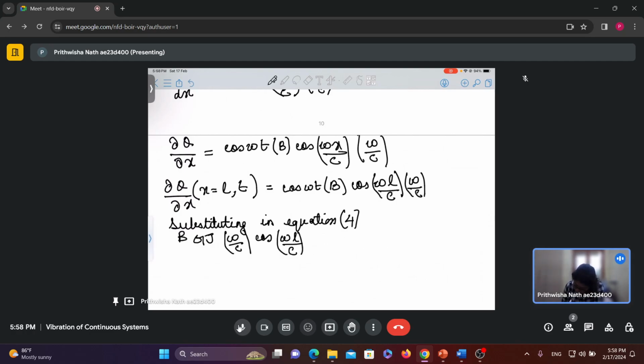So B Gj omega by C cos omega L by C into cos omega t. Now this is equals to mt naught cos omega t. That is the external torque.